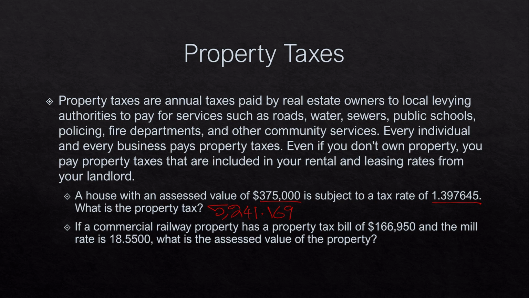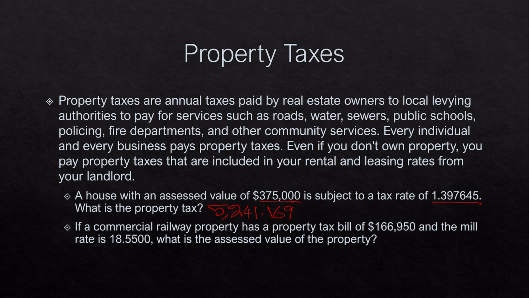If a commercial railway property has a property tax bill of 166,950 and the mill rate is 18.55, what is the assessed value of the property? Here we calculate the value multiplied by the rate divided by 100, so we get the tax value.